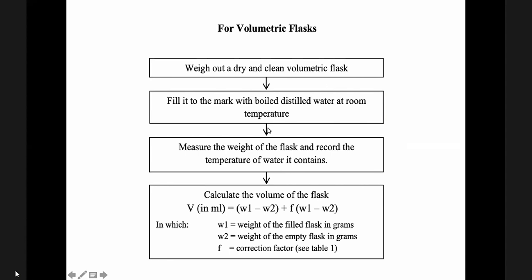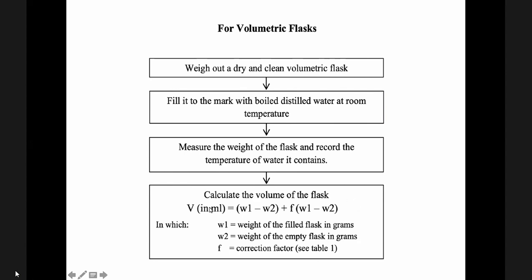After that, fill to the mark with boiled distilled water at room temperature. Then measure the weight of the flask with the water and record the temperature of the water it contains, okay? Then this is your equation. Calculate the volume of the flask.